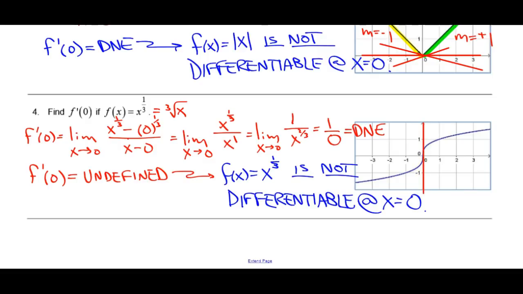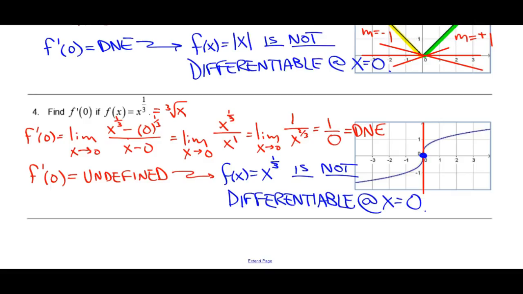You're like, well, that's not okay because the function is on both sides of the tangent line. But if I zoom in locally right here at the point 0, 0, that graph only intersects that line at that single point. So this graph does have a tangent line, but how would you describe that tangent line?